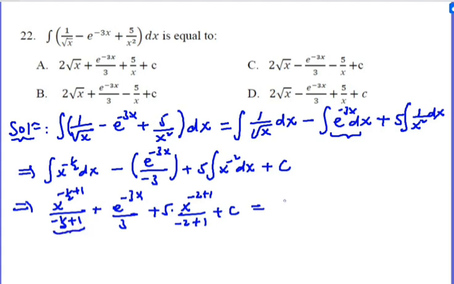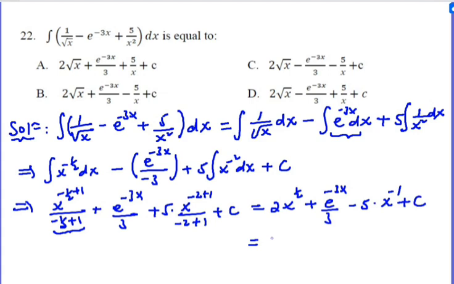The reciprocal of 1 over 2 is 2. 2 times x to the power of positive 1 over 2, because minus 1 over 2 plus 1 is 1 over 2, plus e to the power of minus 3x over 3. Here minus 2 plus 1 is minus 1. Therefore it becomes minus 5 times x to the power of minus 1 plus integration constant.